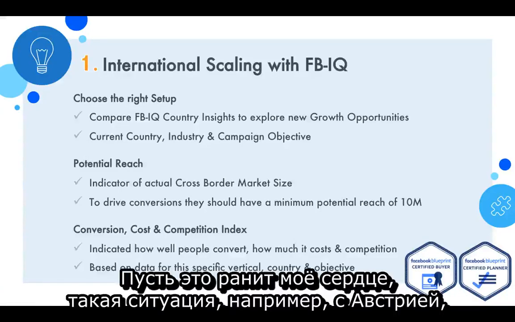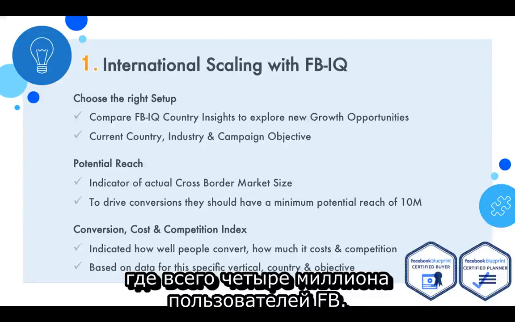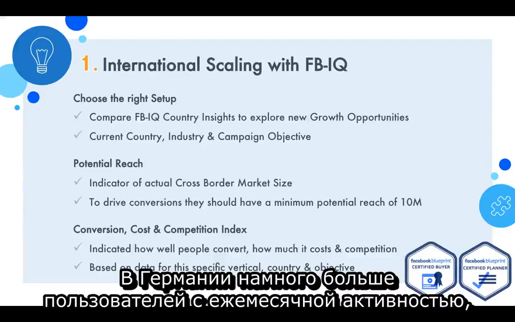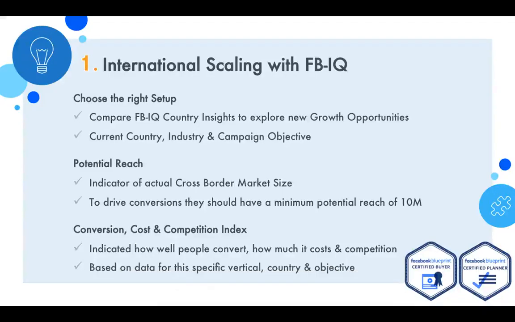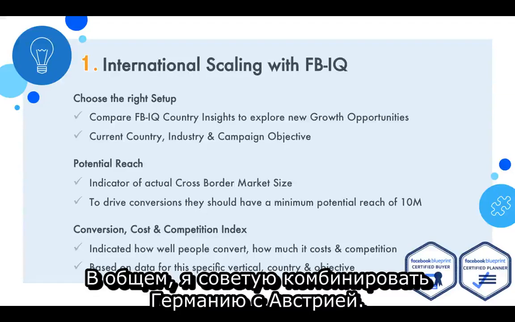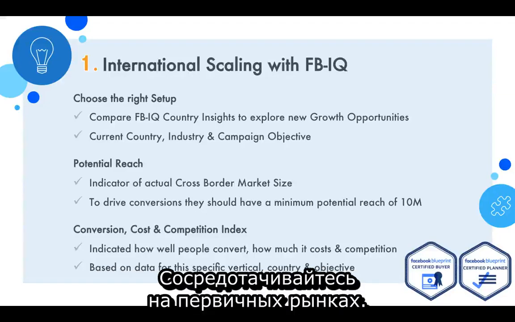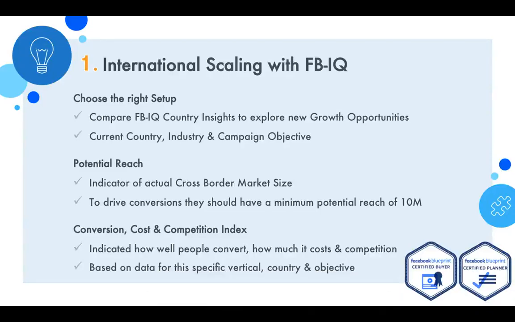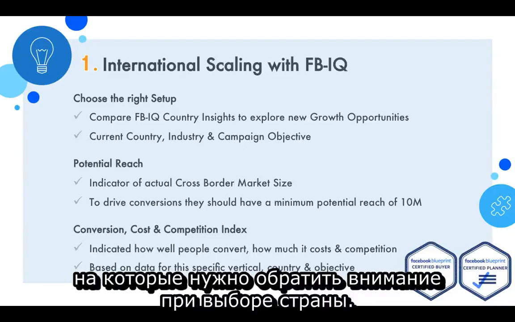So even though it hurts my heart, Austria, for example, if you only have 4 million Facebook users, it makes much more sense to tackle Austria together with Germany. Germany has much more monthly active users than Austria, of course, and I recommend to combine Germany and Austria, for example. So focus on the primary markets, and I'm going to show you now some very good data on which are the countries that you should focus on.